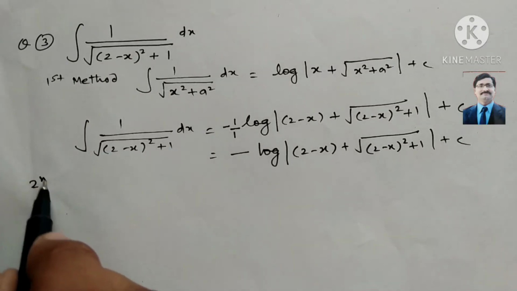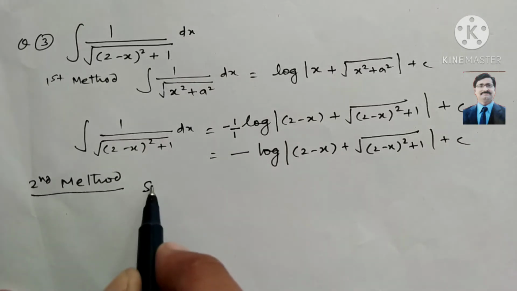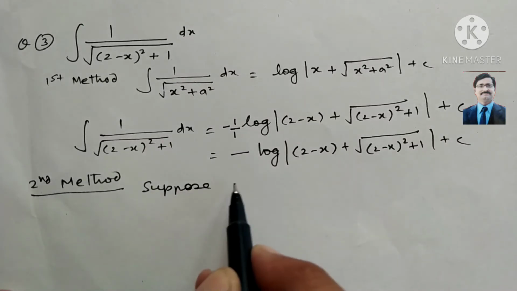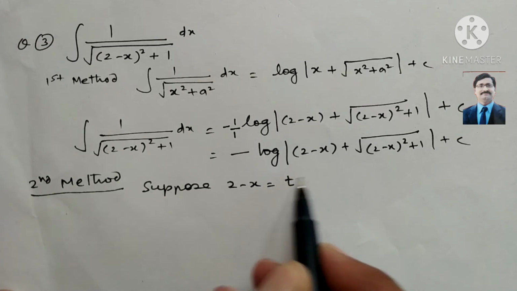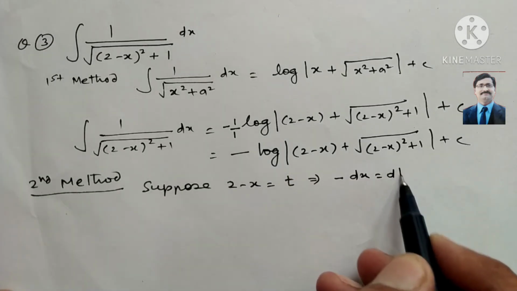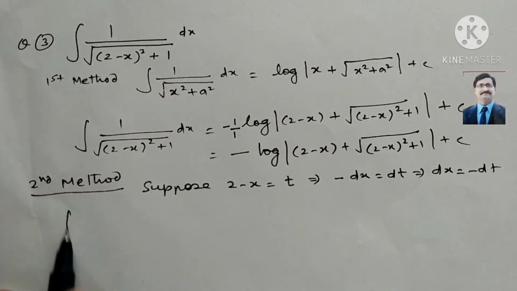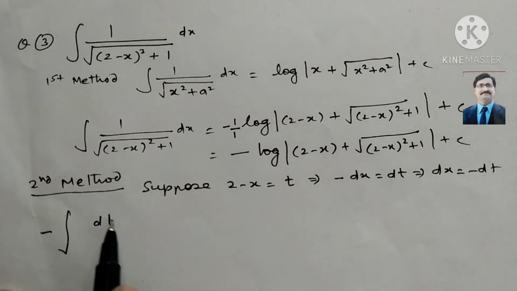And the second method: we have to suppose 2 minus x equal to t, so we get minus dx equal to dt. This implies dx equal to minus dt, so we can write here minus dt upon root of t square plus 1.